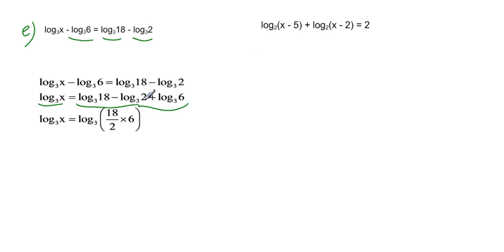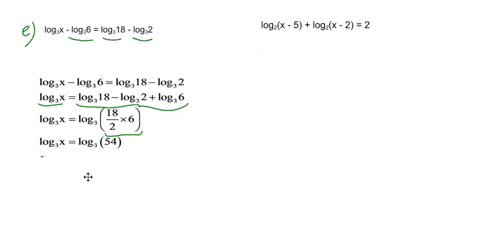So combine 18 with 2 by dividing inside of log, and then because you add, you multiply. So now you have to simplify this expression. So 18 divided by 2 times 6. So either you divide 18 by 2 or divide 6 by 2. It doesn't matter. The answer will be the same.